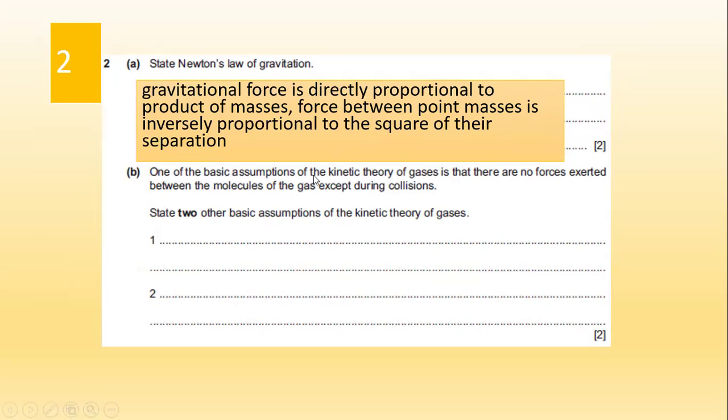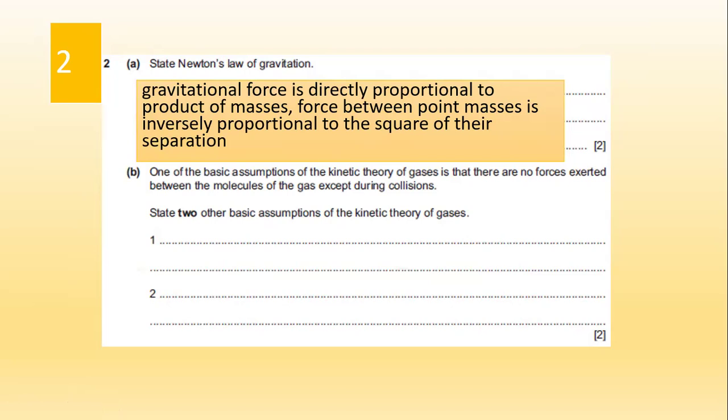One of the basic assumptions of the kinetic theory of gases is that there are no forces exerted between the molecules of the gas except during collision. State two other basic assumptions of the kinetic theory of gases. Okay, very popular question. What's the answer? Gas molecules are moving randomly.